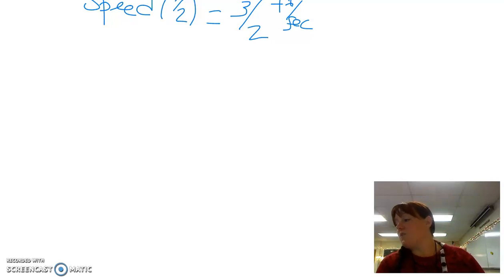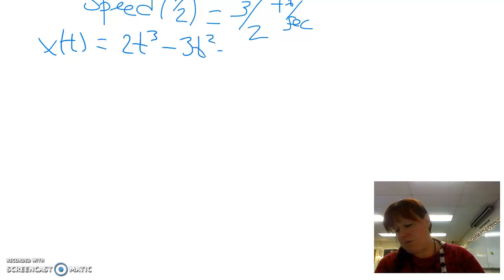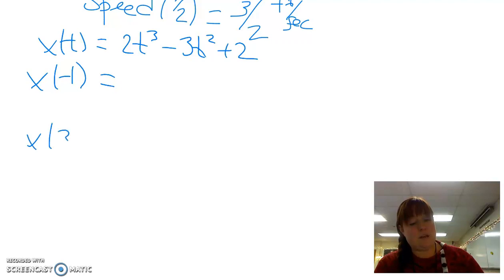Our position function is the very first function we got, which is x of t equals 2t cubed minus 3t squared plus 2. And it asks how far we changed from when t equals -1 to t equals 3. So we're going to find x of -1 and x of 3, and figure out the difference between the two.